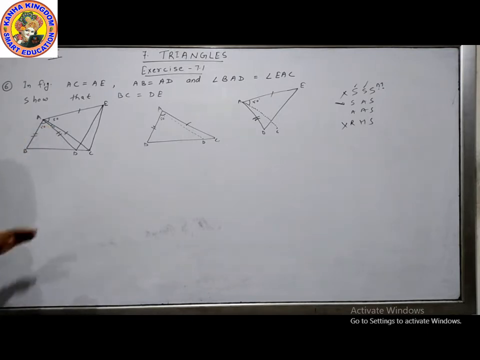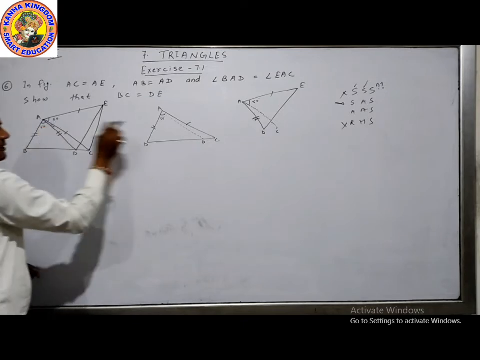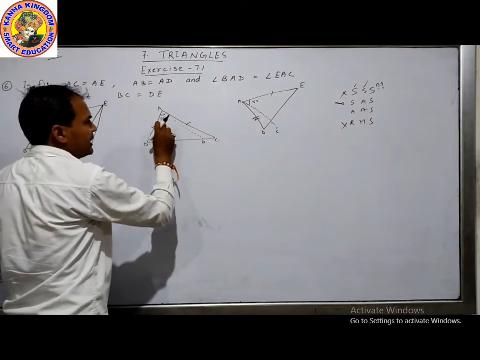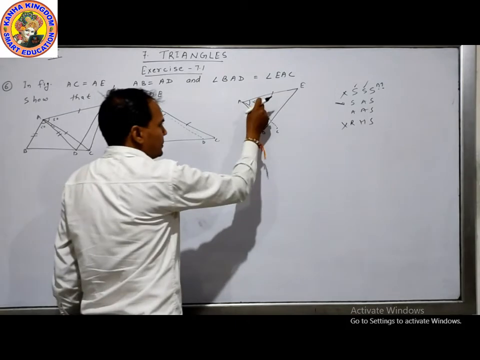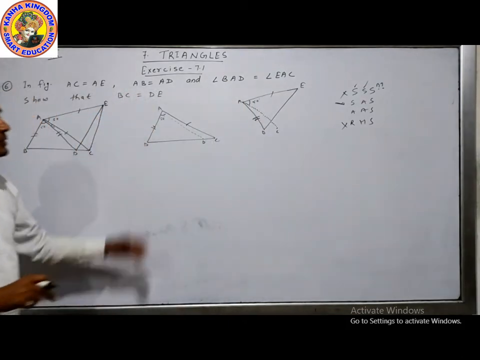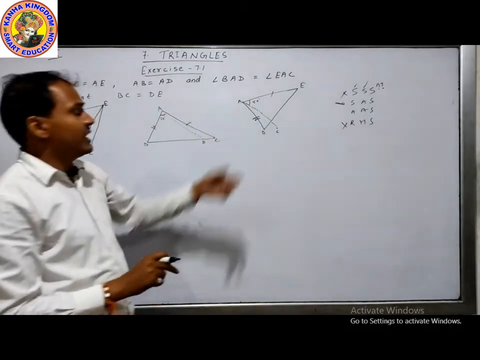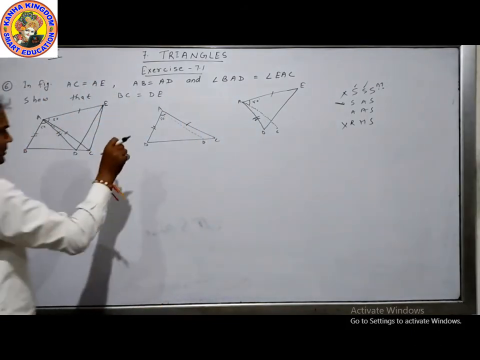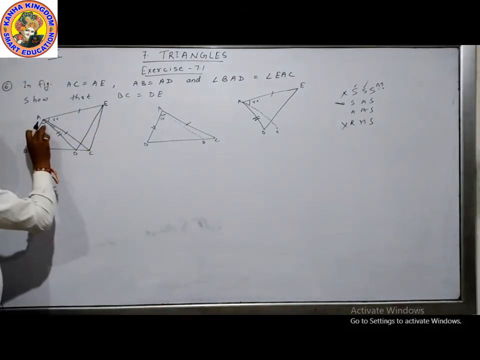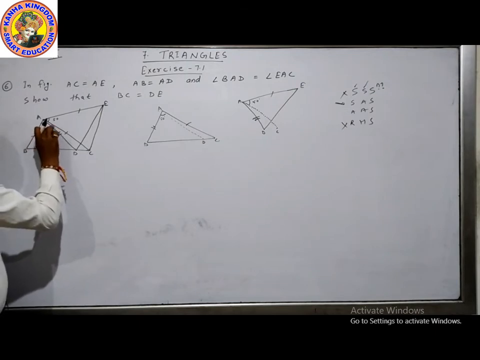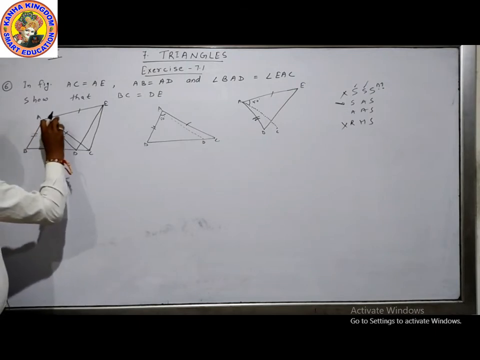For assumption, this angle is 10 degrees. 50 plus 10, 60 degrees in this diagram. 50 plus 10, 60 degrees in this diagram. Yes, 60 degrees, so this angle is equal. This is our assumption. We remove this angle from here.